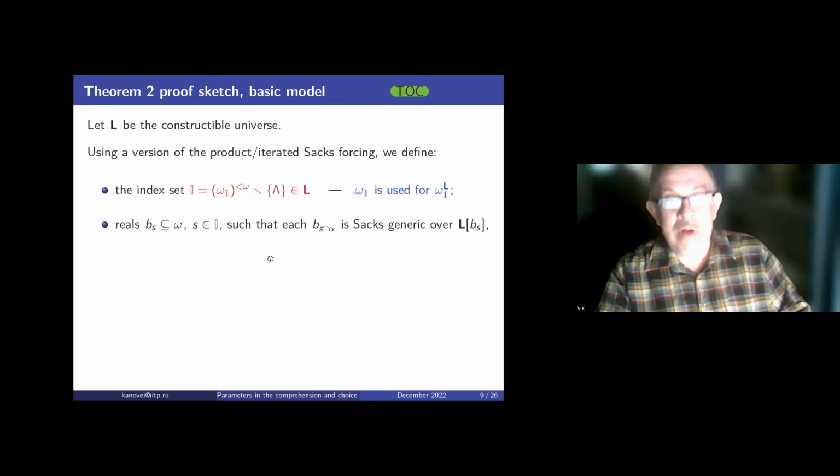Of course, there are some product forcing requirements which I do not consider explicitly. And b sub the empty tuple will be just the empty set to complete the picture.